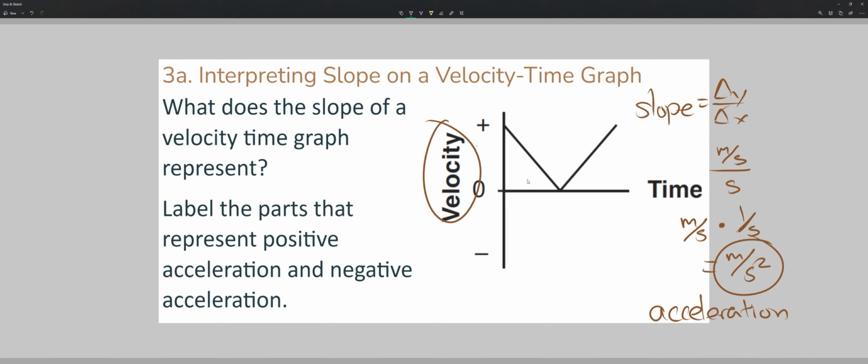So now we want to label parts of our graph that represent positive acceleration and negative acceleration. Again, we talked about this, right? A downward slope means you have a negative slope. So this is a negative slope here. And this would be a positive slope.